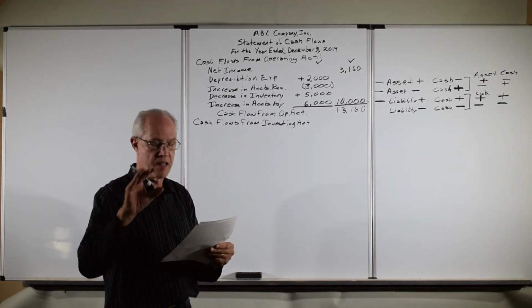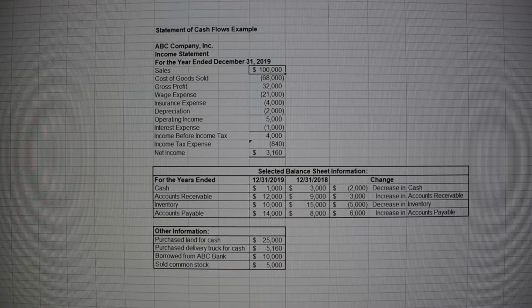And if you look at the bottom of your printout, it'll say purchase land for cash. What's that? An investing activity. And since we're purchasing the land, it's an outflow of cash. Then we've got purchase delivery truck for cash. Another outflow of cash, another investing activity.